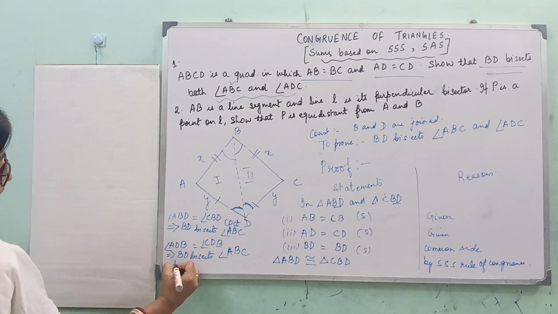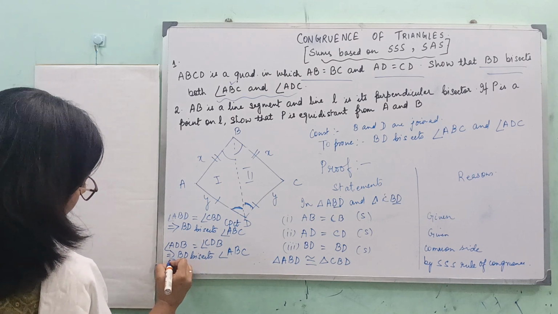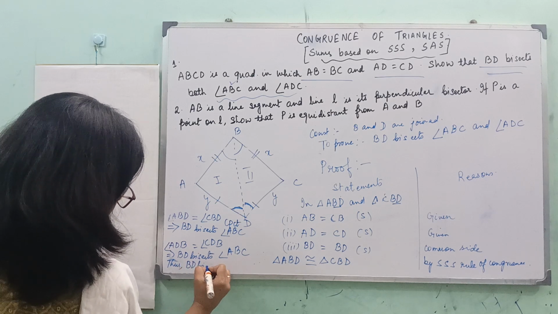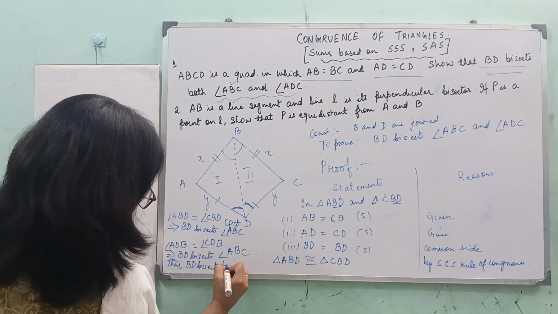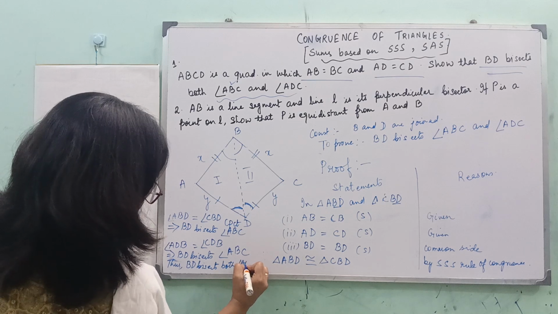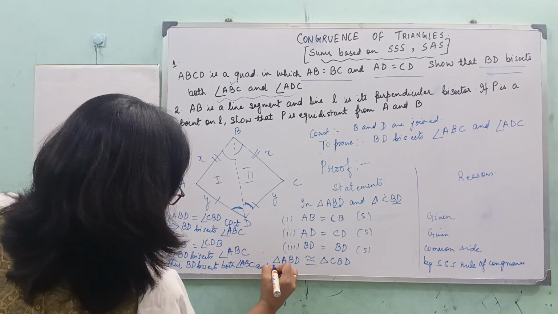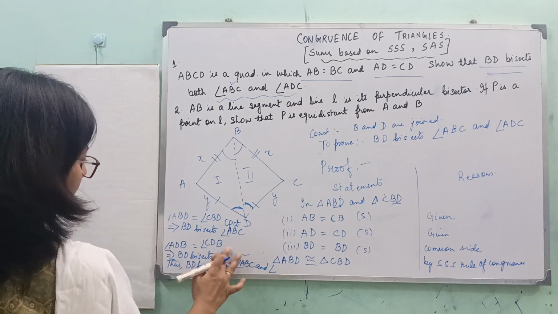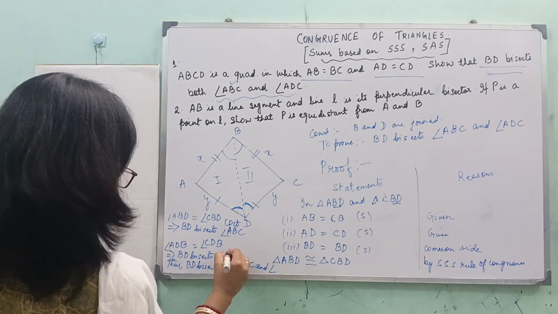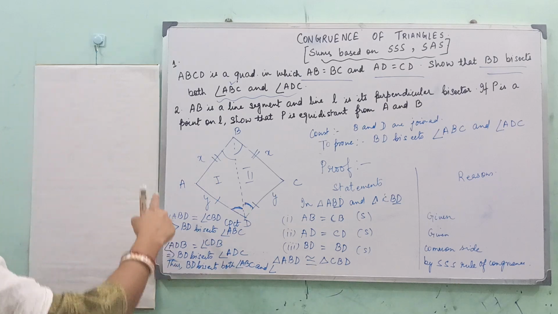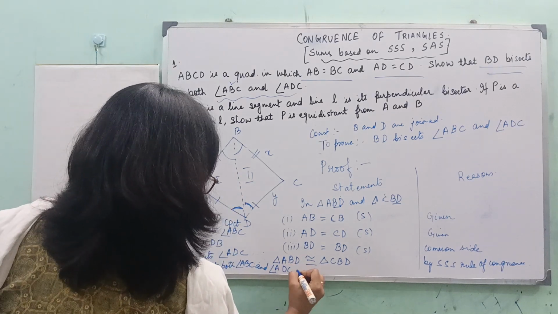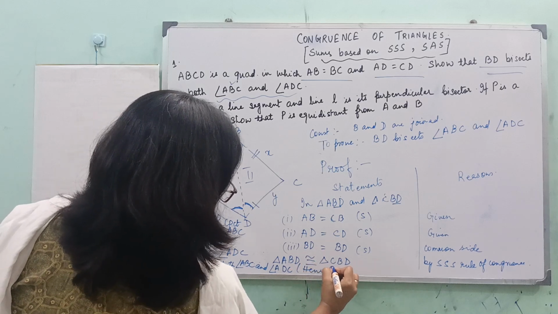So we have proved. So we can cite thus: BD bisects both angle ABC and angle ADC. This is ABC and this is ADC. Okay, ADC. Hence proved.